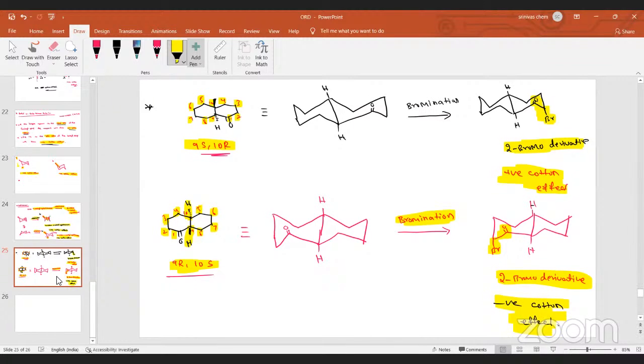So this is about the axial haloketone rule and its applications.